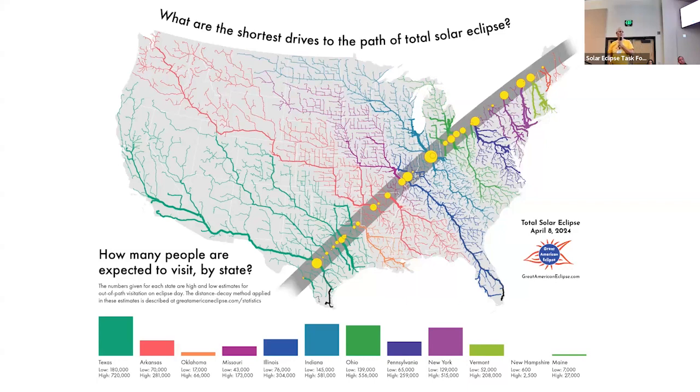One of my to-do projects is to take the data that I have and further refine it and give some more precise predictions, on a more granular basis, county by county, where they may expect an impact. And all of these maps that I'm showing here, you can find on the website.